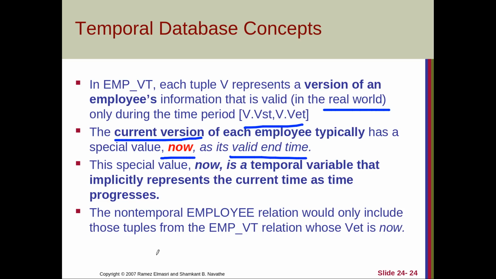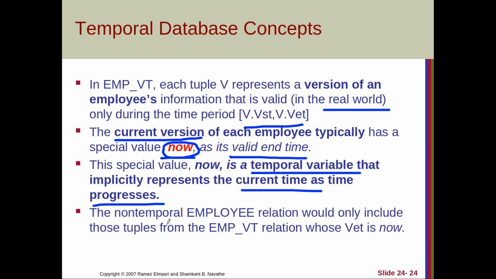And this special value now is a temporal variable that implicitly represents the current time as time progresses. So this time will be varying every time, each second that value will be changing. That is why it is given as now, because we cannot represent it on a single row every time. So if I require that particular tuple, the current time will be taken.